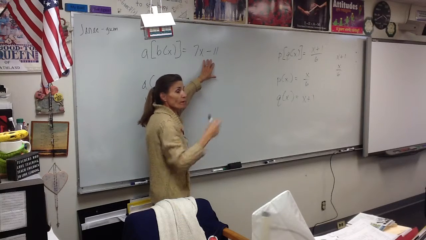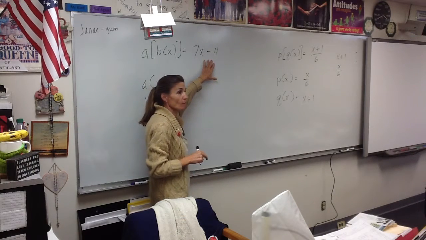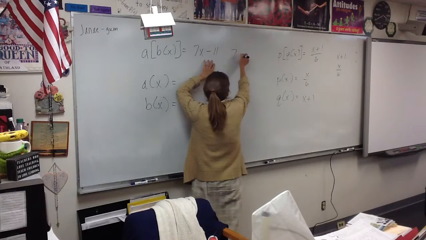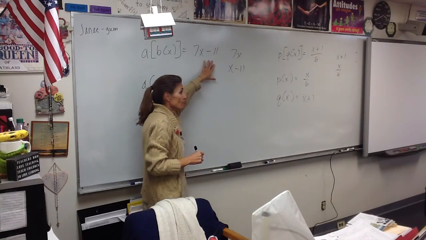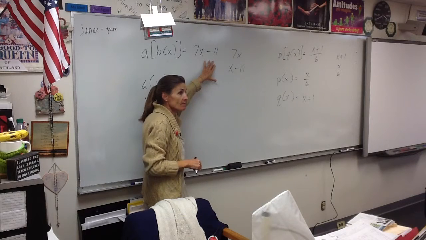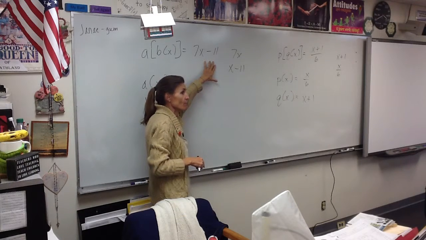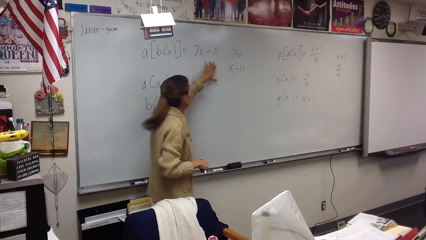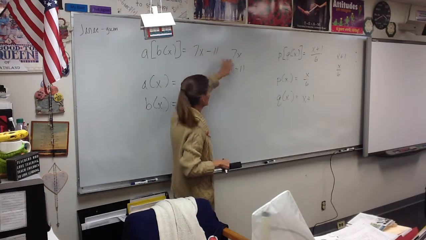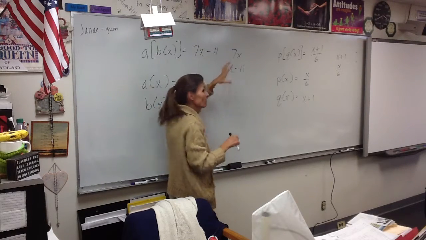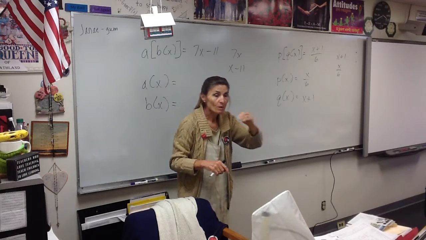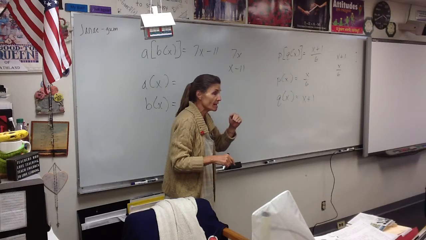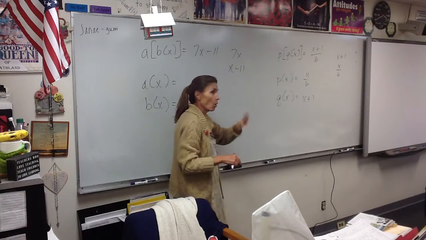What are the two operations that have to happen in this problem? 7x and x minus 11. You've got to times x by 7. You've got to subtract 11 from x. Everybody see that? We're multiplying by 7, subtracting 11. And when I say multiplying by 7, that means 7x. When I say subtracting 11, that means x minus 11. Always x.